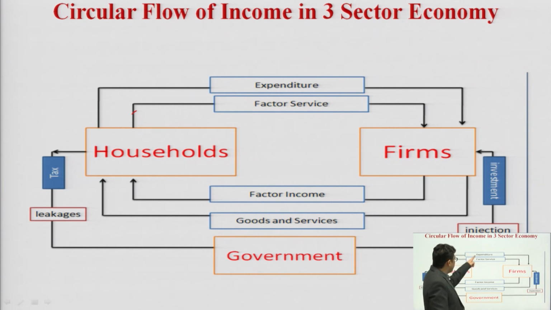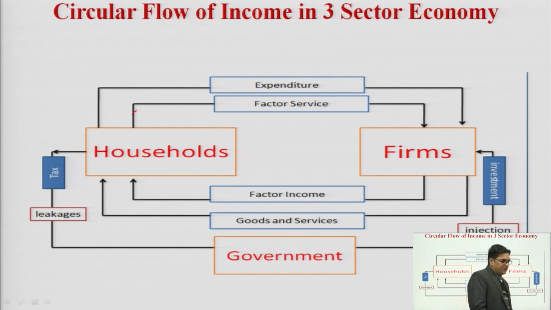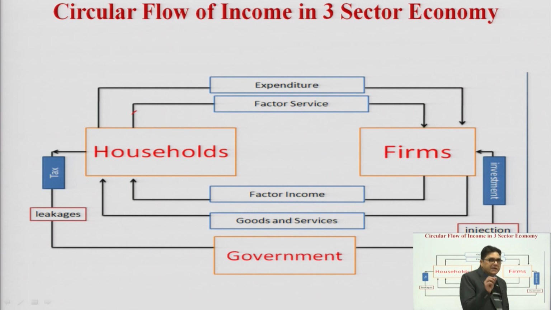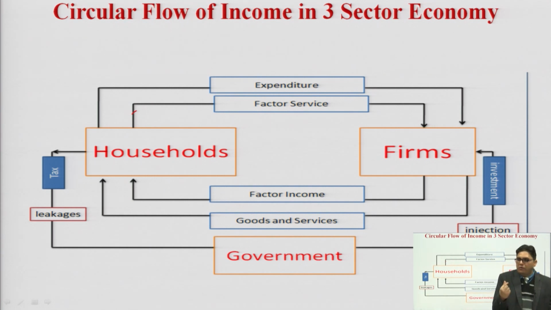Next is the expenditure which is made by households, and the third is about goods and services. Here there is an important concept: leakage and injection. Leakage is, as I already discussed with you, whatever we have earned, some amount is saved or kept for personal consumption.